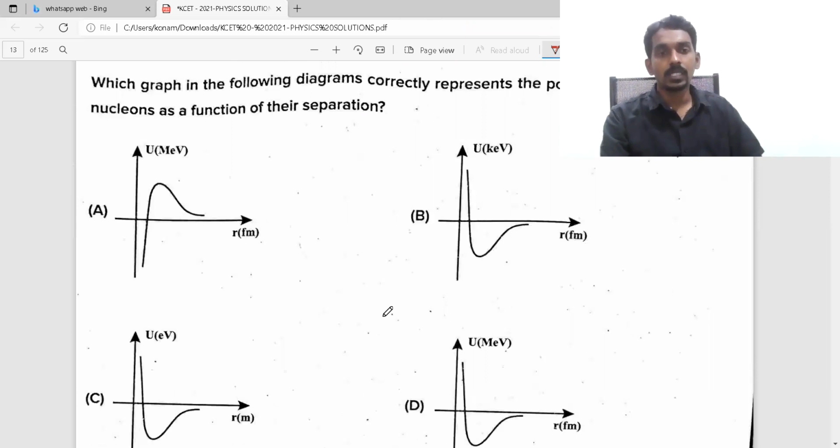Now, which graph in the following diagrams correctly represents the potential energy of a pair of nucleons as a function of their separation? Actually, it's almost a similar kind of relation as inside the solid.